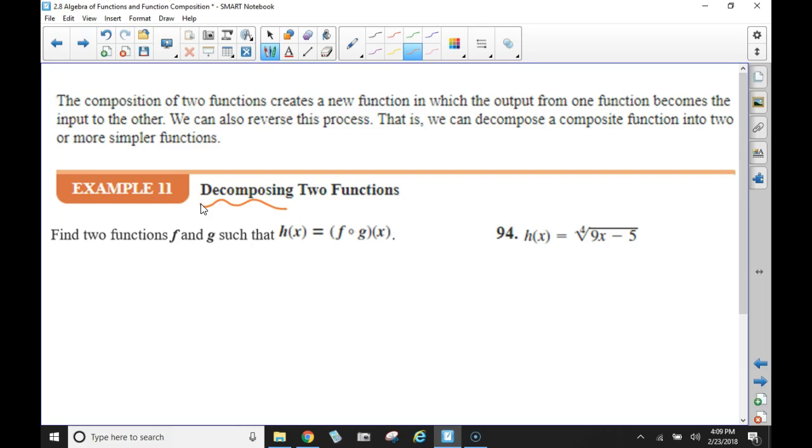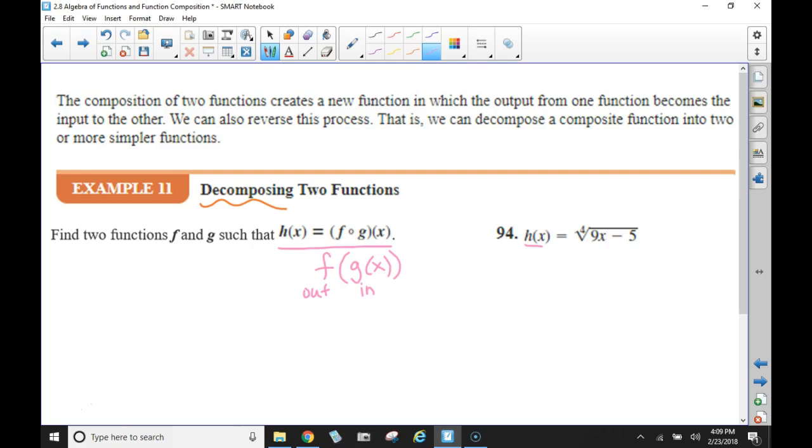So, for example, if h of x is defined to be f evaluated at g of x, remember that the outer function is the f function and the inner function is the g function. And so they want us to find 2 functions, f and g, such that it comes out to be what h of x is here, which is the 4th root of 9x minus 5.